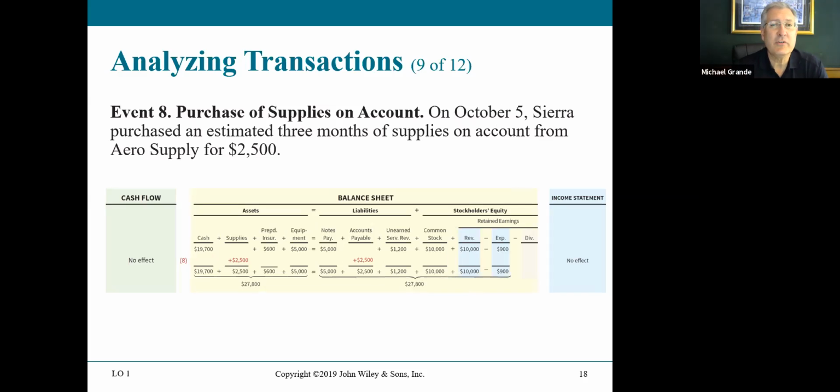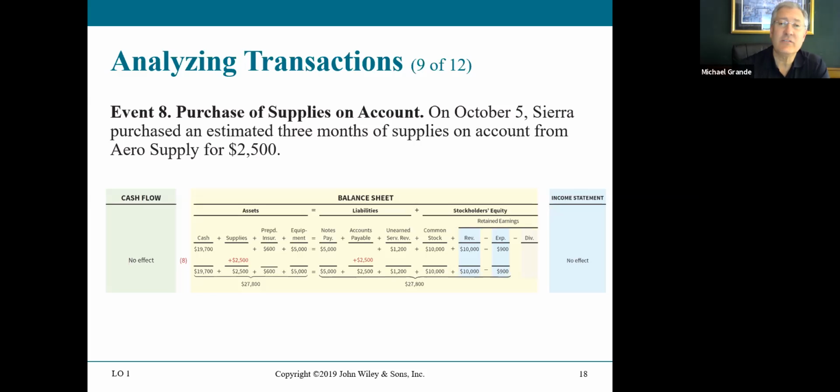Then 8, purchase of supplies on account. On October 5th, Sierra purchased an estimated 3 months of supplies on account from Aero Supply for $2,500. On account. They didn't use cash. They purchased it on account, which means they have a promise to pay it in the future. It's a liability.